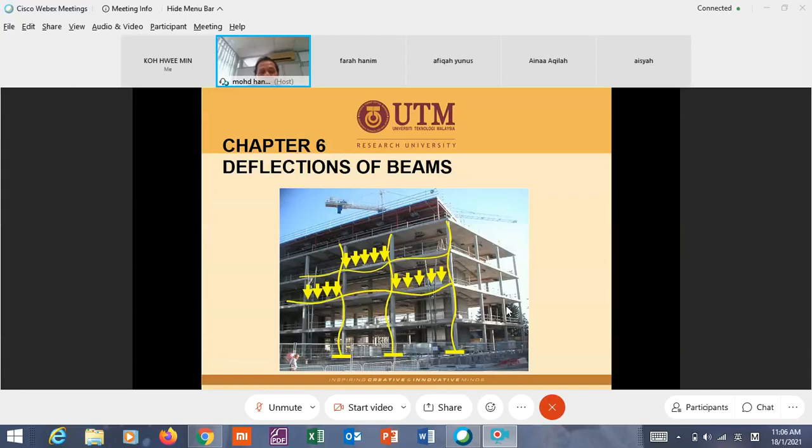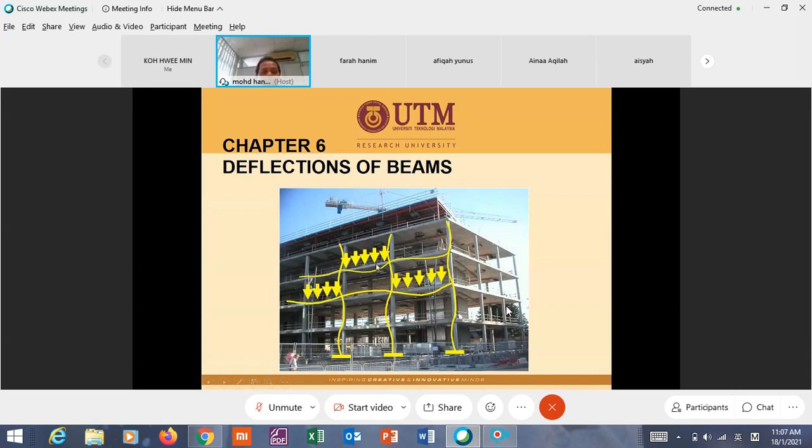Serviceability, because we don't want this beam to deflect excessively. Under loading it will deflect, but we don't want it to deflect excessively. Therefore, we have to calculate if the deflection is more than allowable in the design standard or in the building design.